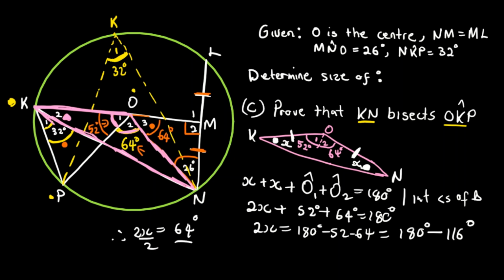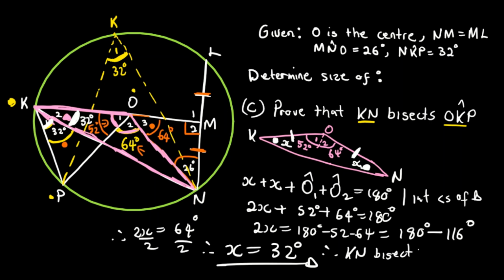Then you divide by 2 on both sides, and therefore x is equal to 32 degrees. So this angle here is 32 degrees. If you take note, this angle here is equal to the angle here. So therefore you can conclude and say KN bisects angle OKP. Thanks for now.